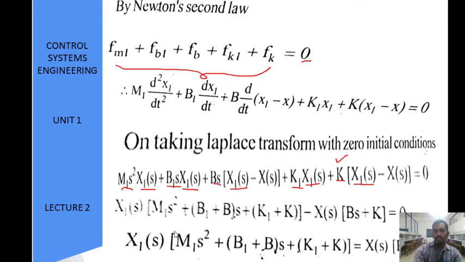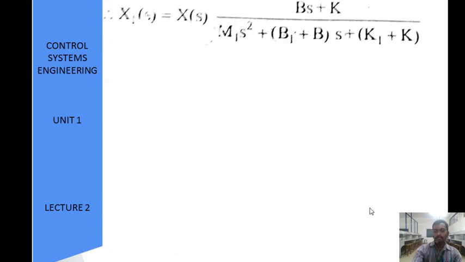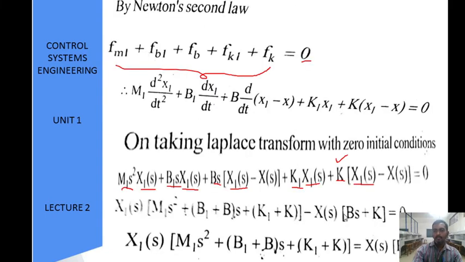Therefore, X1(s) into (m1 s squared plus (b1 plus b) s plus (k1 plus k)) is equal to X(s) into (bs plus k); we are taking this value to the right side.